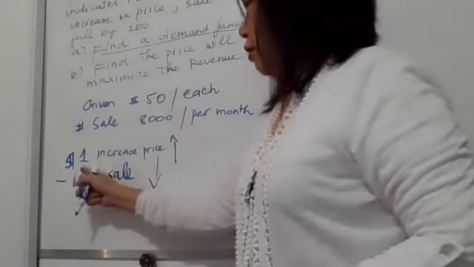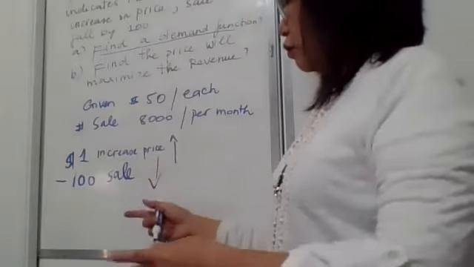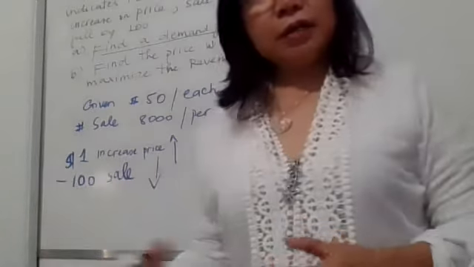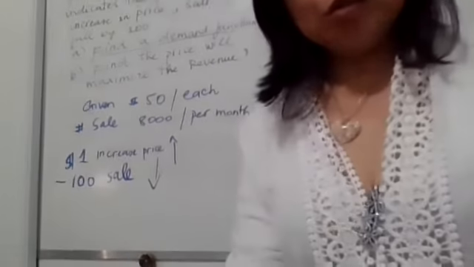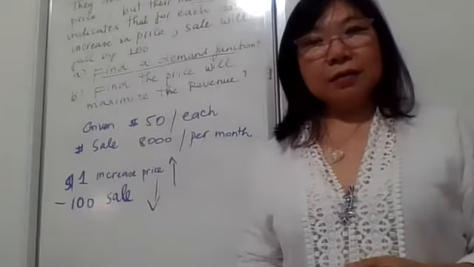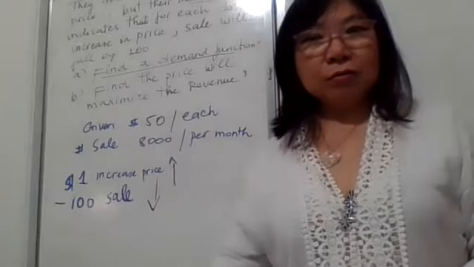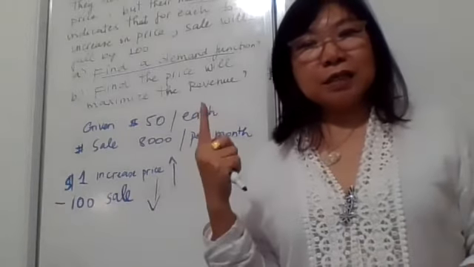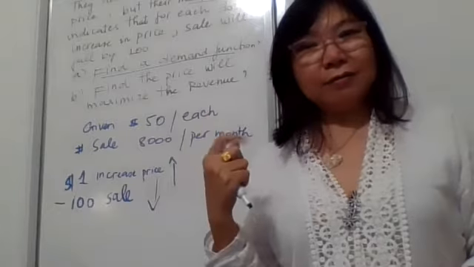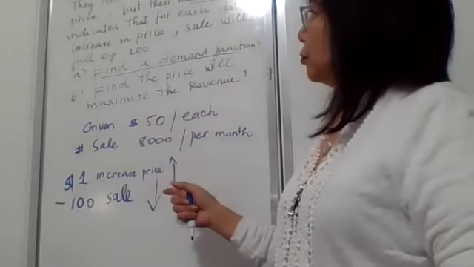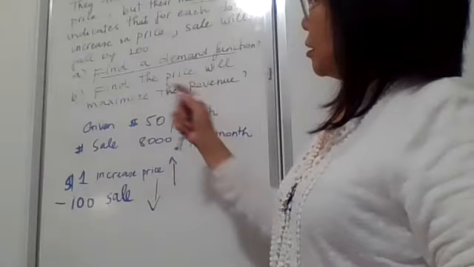So for each dollar increase in the price, there will be 100 fewer cameras sold. So instead of selling 8,000 cameras, now they can only sell 7,900 cameras if they raise the price to $51, right? So that's the idea.